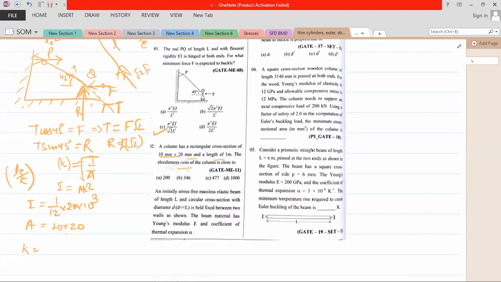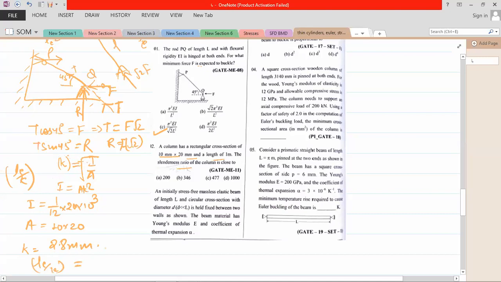Your radius of gyration is about 2.8 mm. Now your LE by K value is around 1 meter, that is 1000 divided by 2.8. If you divide, the value is 346. So your answer B is right.